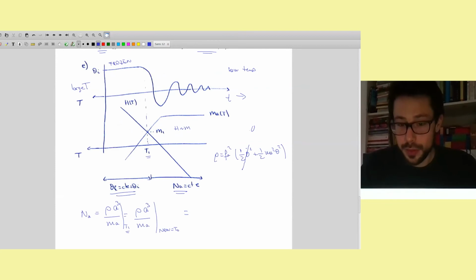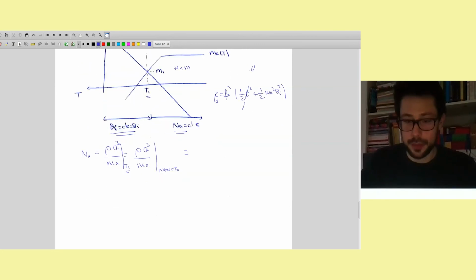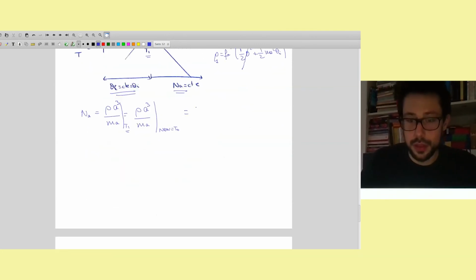And then, if we want to compute it at T1, this is 0, and then the theta is nothing but the initial misalignment, theta I, right? So then we know that this invariant that we have here is nothing but 1/2 of m1 squared theta I squared.